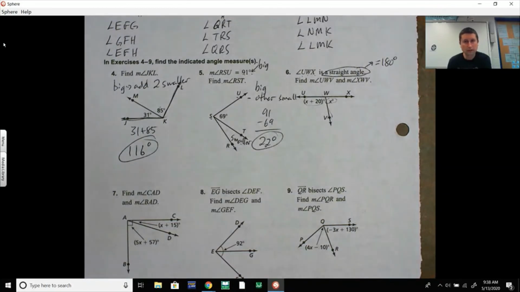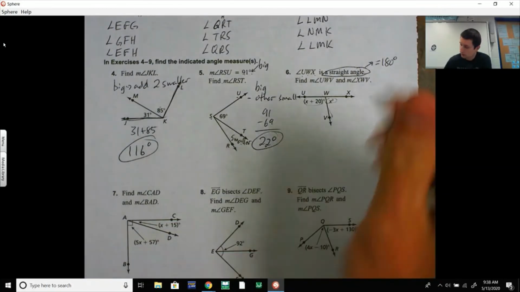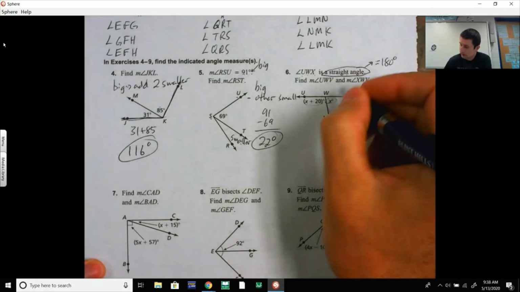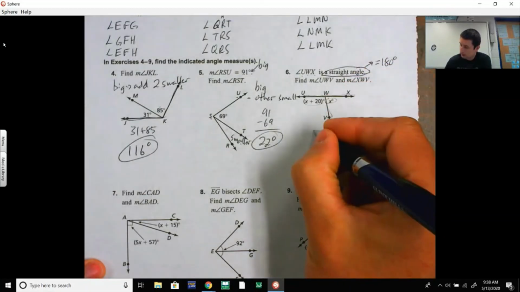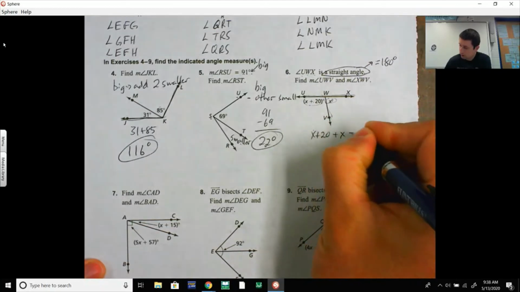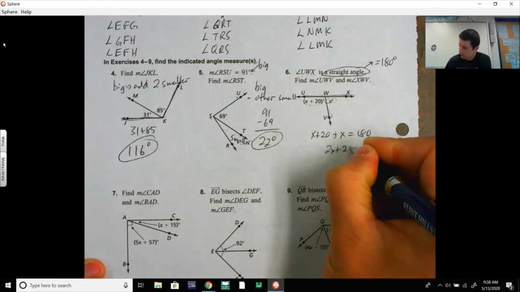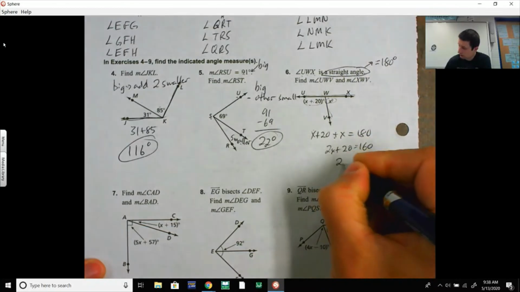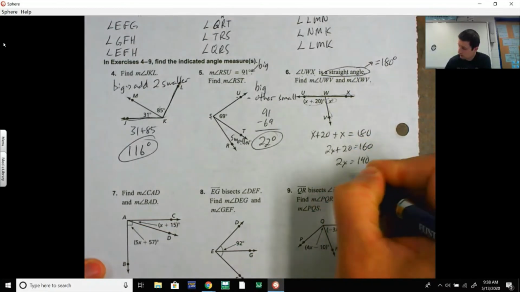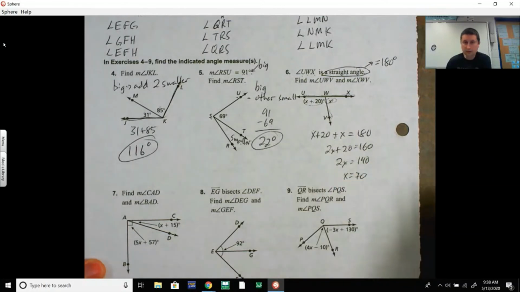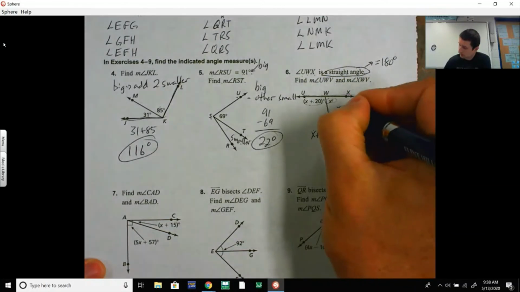If you don't know what something is, you have to look it up. So a straight angle is 180. They have to add to 180. So x plus 20 plus x has to add to 180. Now we get to use our awesome algebra skills. And we get x equals 70. That makes this 70 degrees.